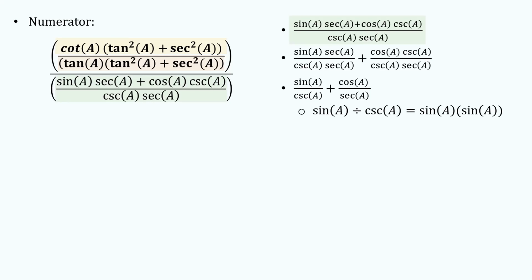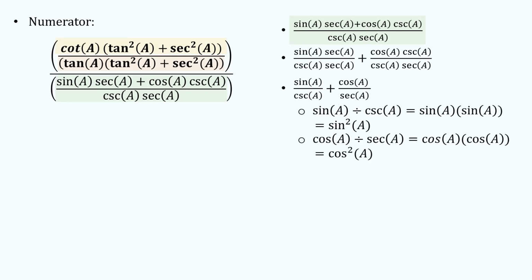Therefore, the sine of A divided by the cosecant of A would simply be the sine of A multiplied by the sine of A, which results in the square of the sine A. The same can be said of the cosine of A over the secant of A. Because of their reciprocal relationships, we conclude that cosine of A divided by the secant of A is simply the square of the cosine of A.